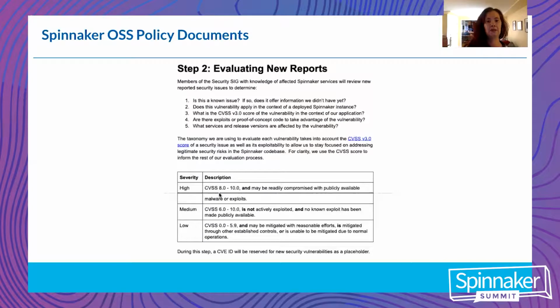And I skipped. So the next thing is, what does that security SIG team do with those vulnerabilities? Essentially what happens is we go through and we're going to identify, is this a known issue or not? We're going to assess, does this vulnerability apply in the context of a deployed Spinnaker instance?